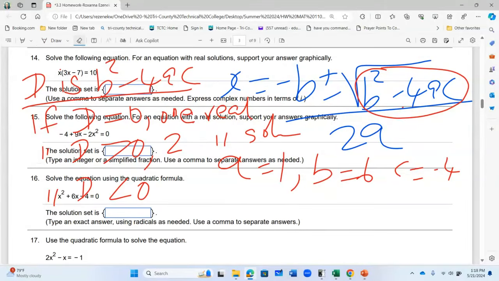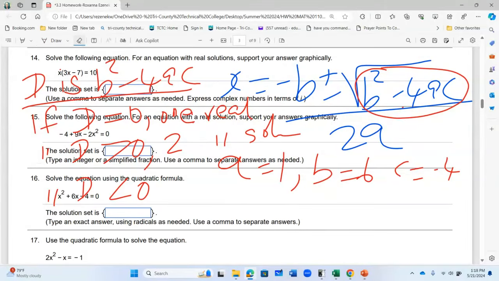I have already found my a, b, c. So b in this particular question is 6, 6 squared. Notice that D is b squared minus 4ac, right? Minus 4 times a is 1 and c is negative 4.